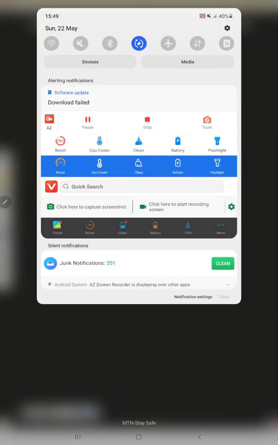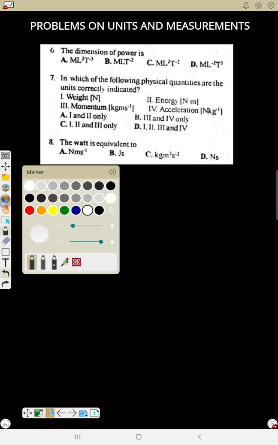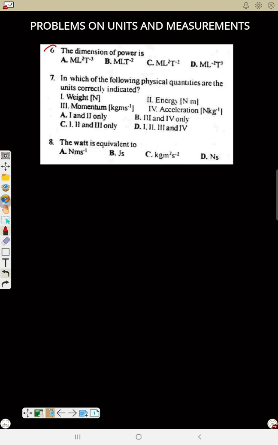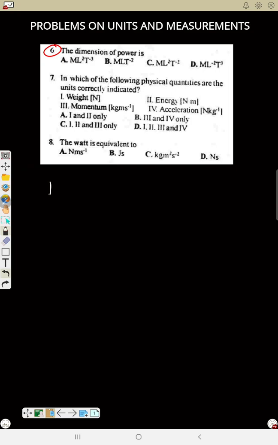Now let's take another problem. So yeah, now number 6. What is the dimension of power? Dimension of power is, we know that power is work over time, and work is force times displacement over time.